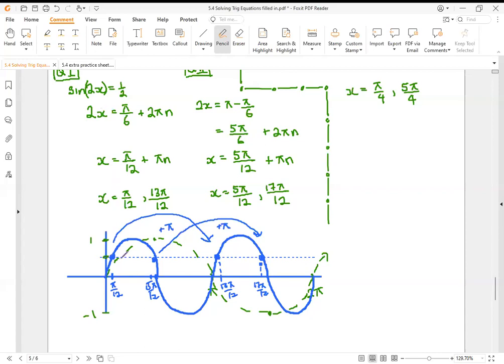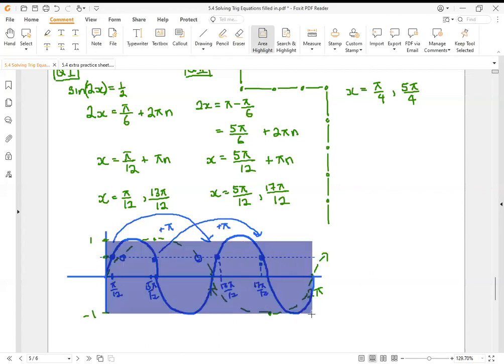What used to be 2 answers here and here is now 4 because we've smushed it. I've only had 2 answers for this cycle, but now, since I've smushed it, I have 4 answers. They're all part of the same, I guess, discussion. It's part of the same picture, they're part of the same system.